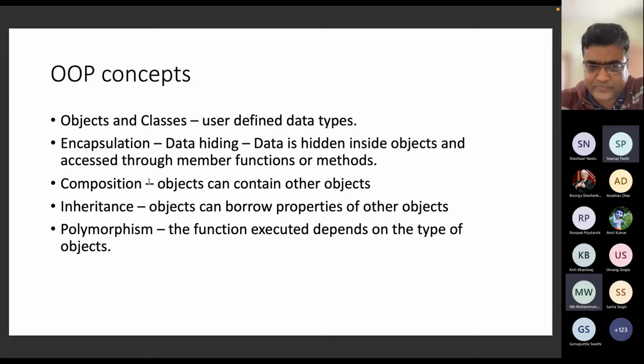And then there is polymorphism, which is basically the facility that the language provides in different contexts, which we will see, where the function or the code that is executed depends on the type of the objects. So these are some of the key OOP concepts we will see.